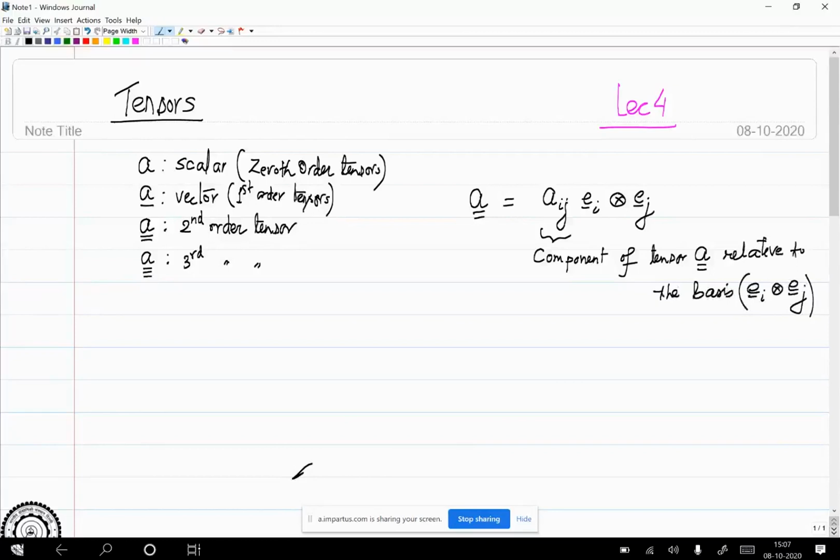Just like for vectors, we write that v is equal to vi ei, and vi is the component of v related to ei.